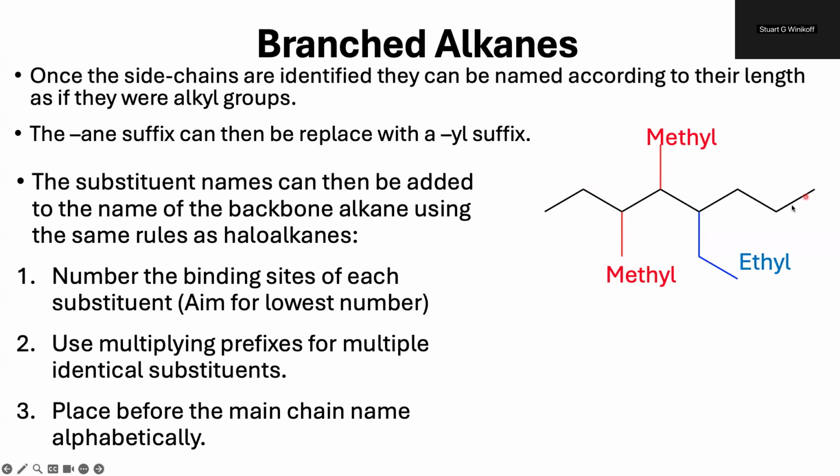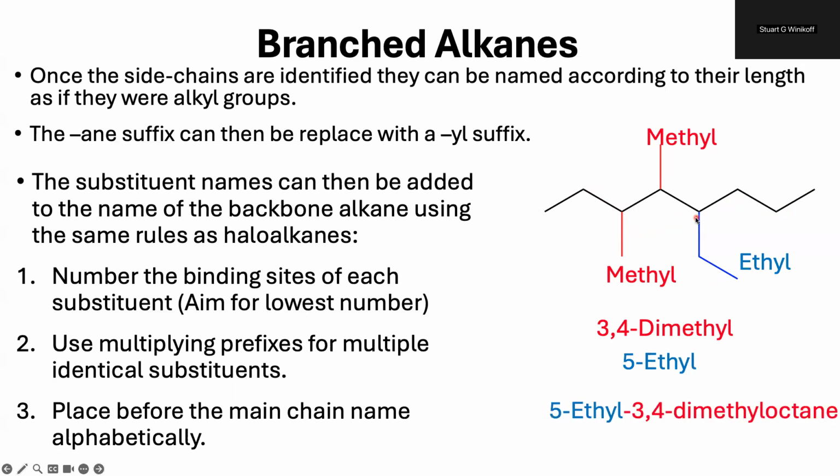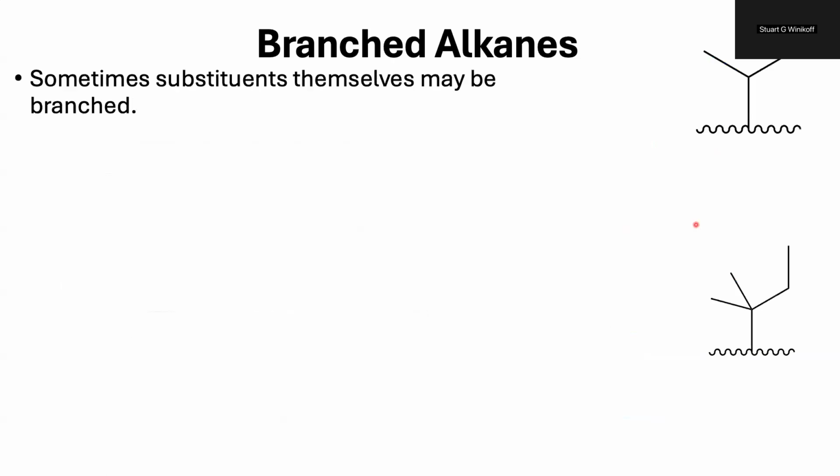If I went from the right, it'd be 1, 2, 3, 4. So we're going to have a 3,4-dimethyl species, and then a corresponding 5-ethyl. We can combine this all into one name. Ethyl goes before methyl alphabetically, so it's a 5-ethyl-3,4-dimethyloctane species.